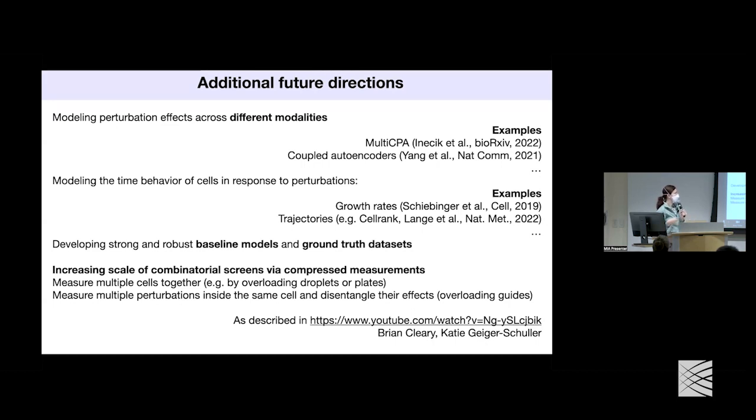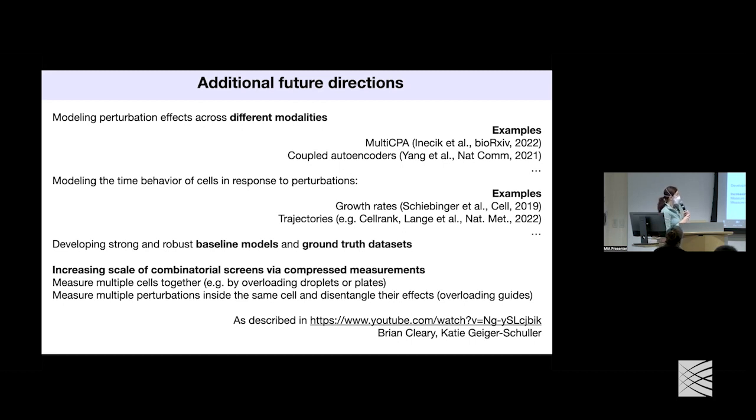For all of these types of models, we really need good baseline models to address the questions about how much better they do compared to simple things like PCA. And for that, we also need ever-increasing ground truth datasets, especially for perturbations that are large enough and diverse enough to really let us know when a model is doing well.